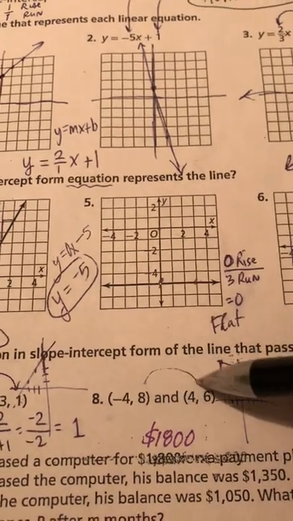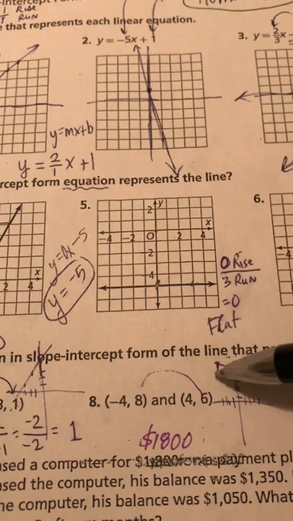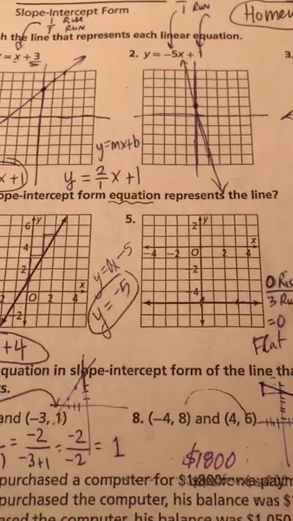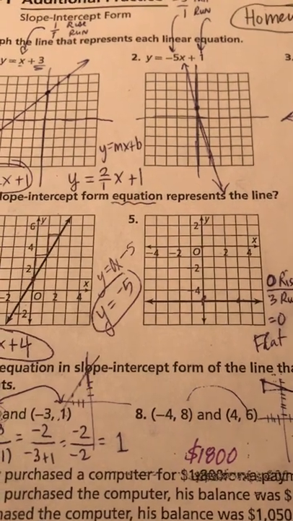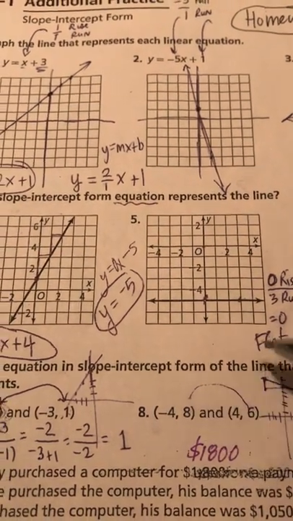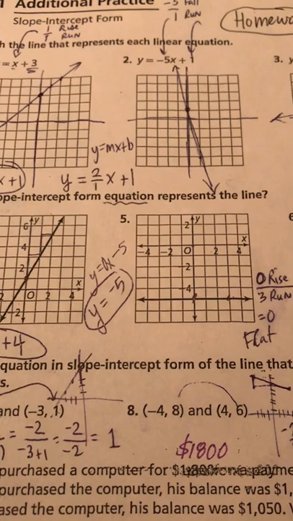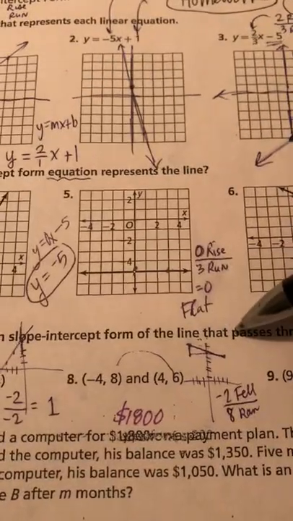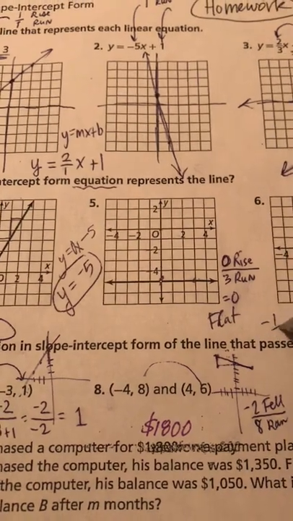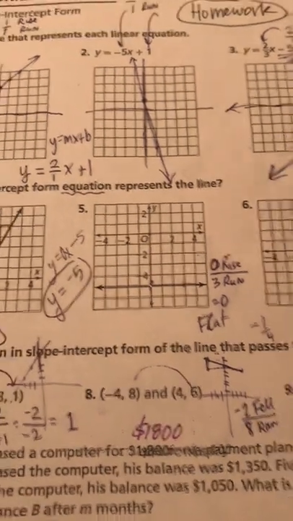It fell 2. And it ran from -4 to +4. So it fell 2. And it ran 8. So that should be a slope of -1/4. I would also take -2/8 as well.